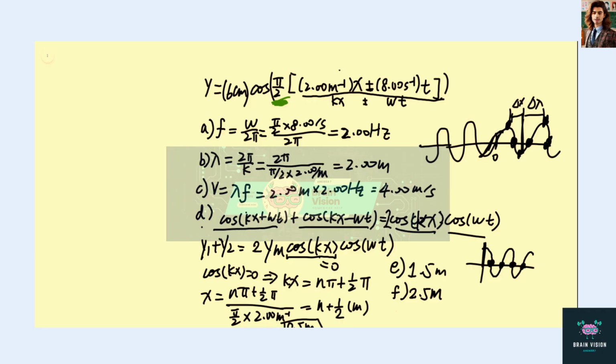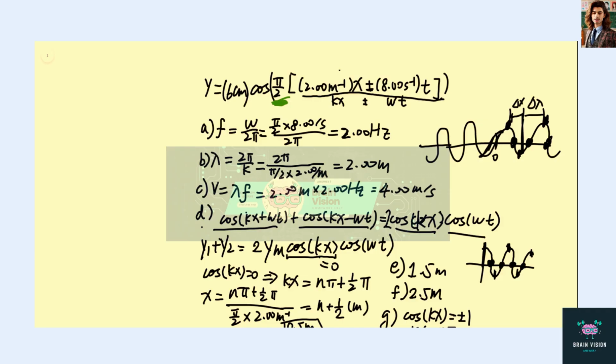Okay, and then for GHI, we're looking for antinodes. For antinodes, we're looking for when cosine kx equals 1 or negative 1. So kx equals n pi.